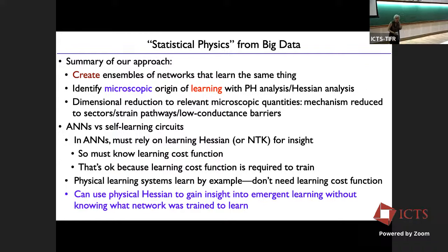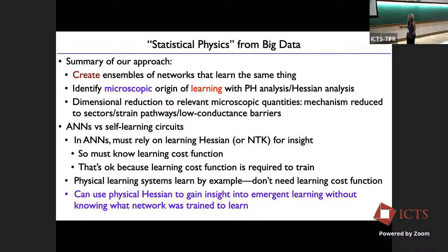It's not very successful because in the case of an artificial neural network, the landscape doesn't change during learning. In the case of a physical system that learns something, because the physical and the learning landscapes are coupled, the learning landscape actually changes during the process. And it becomes actually more informative of what the system has learned, okay? So from the learning Hessian, we can get much more insight than people can get from artificial neural networks.